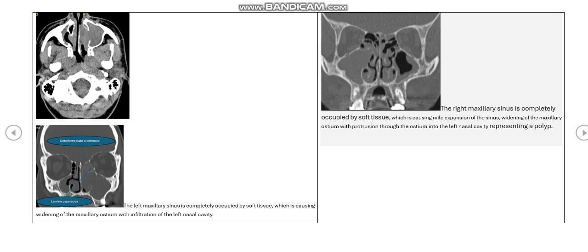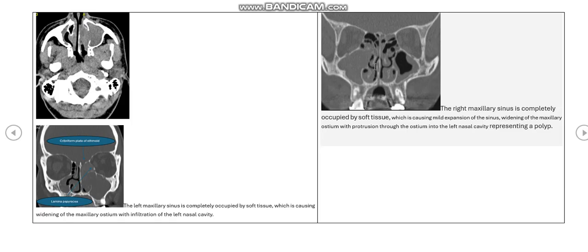complete opacification of the sinus with a soft tissue mass seen causing widening of the maxillary ostium and extension into the nasal cavity.